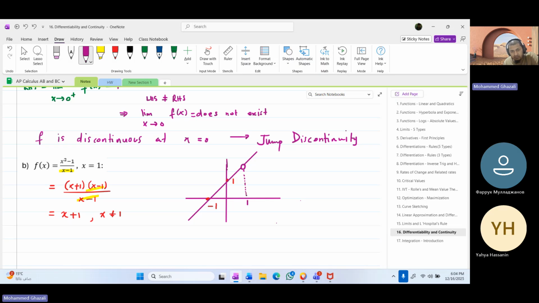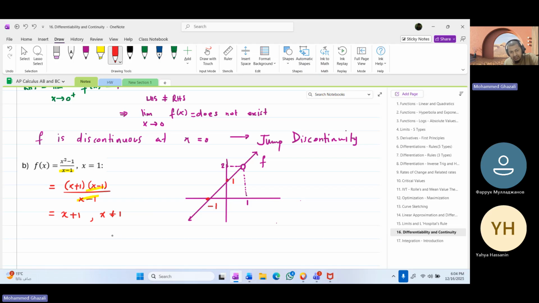This is the value of 1, and this is the value of 2, because if I substitute 1 in here, I get 2. So this is my linear function, and this is the graph of f of x, the original function. Because I cancelled the denominator out, you kind of cancel a vertical asymptote out, but it's not a vertical asymptote, it's a removable point, okay?